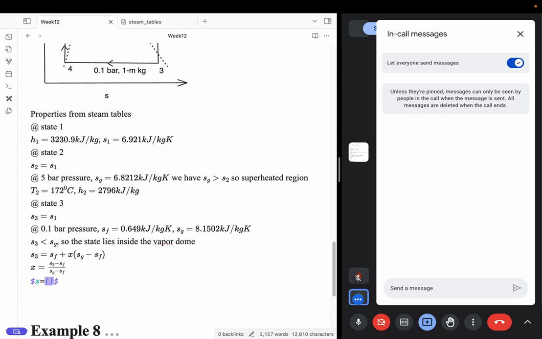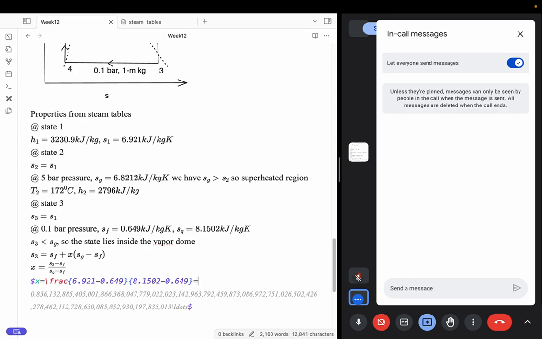S3 equals S1, that is 6.921, minus SF, 0.649, divided by 8.1502 minus 0.649. That comes to around 0.836.